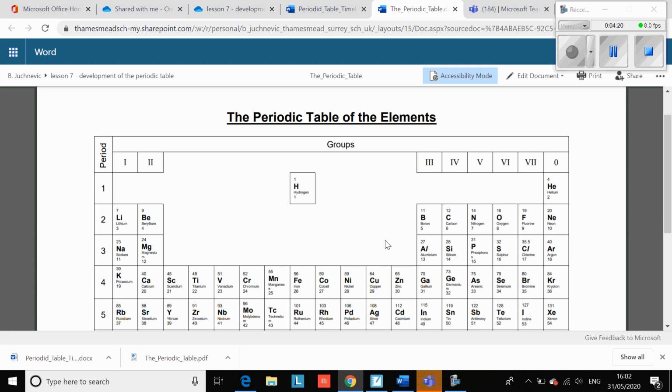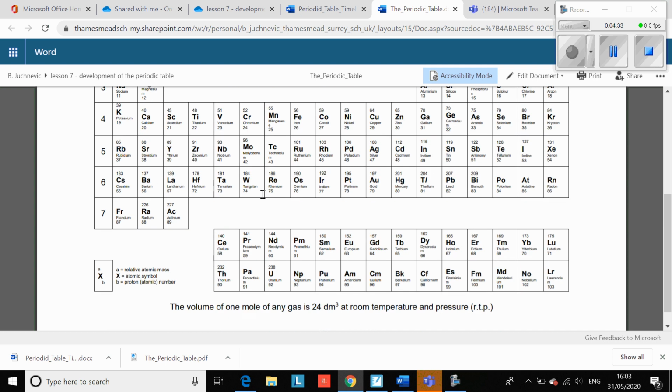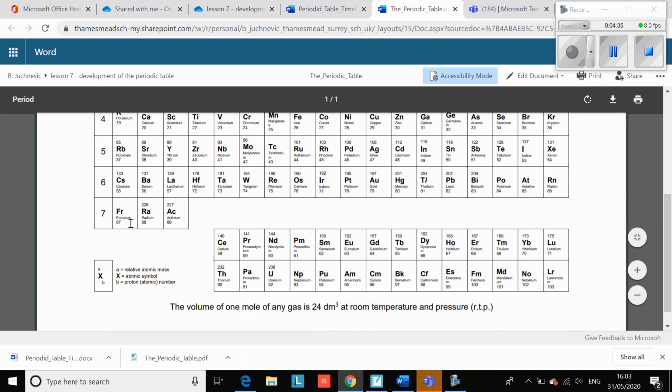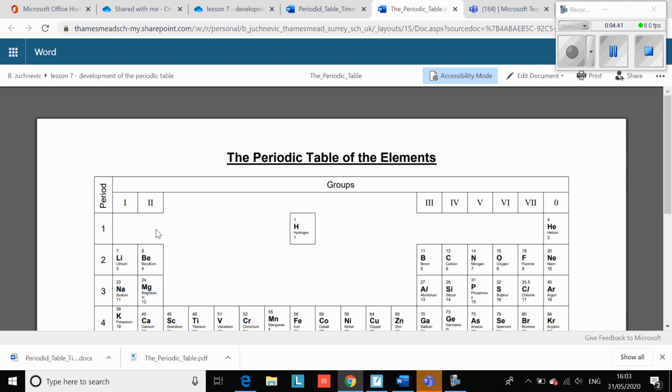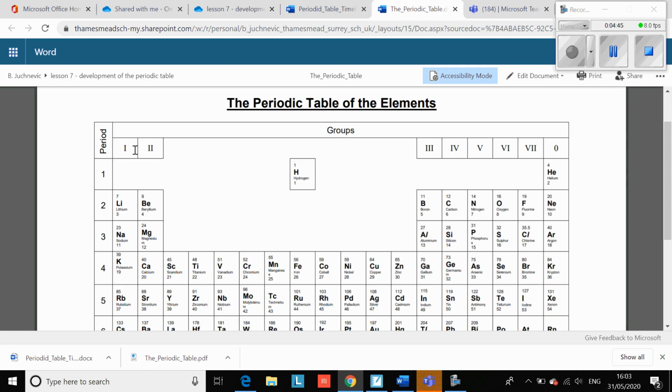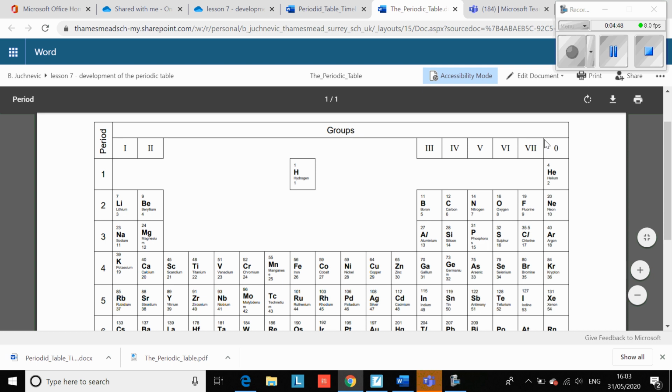Okay, so firstly, as you go along the periodic table, the atomic number goes up by 1. And you can see that follows throughout, all the way through. Okay, 20, 21, 22, 23, it goes up and up, even as you get down to the really big ones like this. Right, the next thing you might have noticed, there are these numbers at the top in Roman numerals and numbers going along the sides.